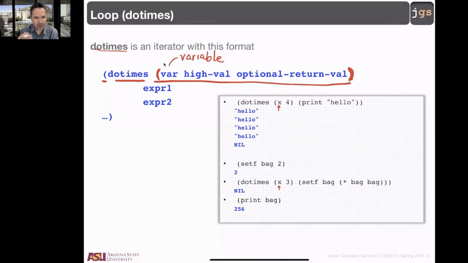Okay, what else? Well, inside of that parenthesis also, you put the name of the variable, but the next one is the higher value for the variable, like the value that is going to stop the loop.